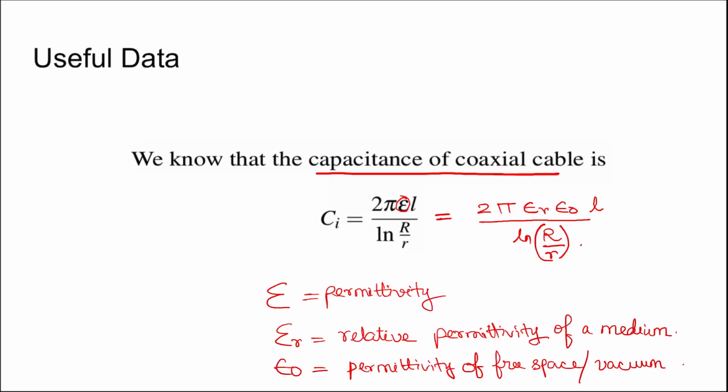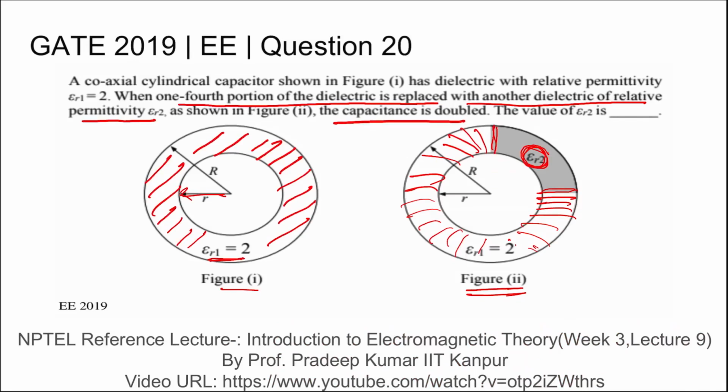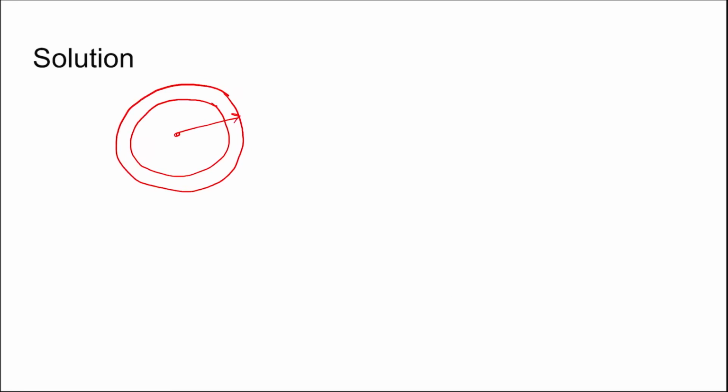So first, it was given in figure 1, the capacitance we are now finding. In figure 1, this was a coaxial cable. Outer radius was bigger R and inner radius was small r, and this material with which it was filled has a relative permittivity of 2.